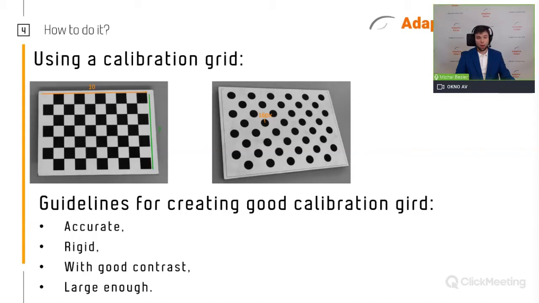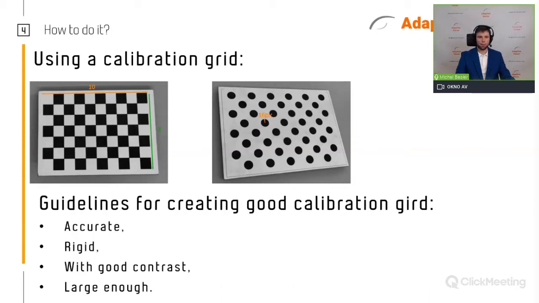So, what are the guidelines for creating a good calibration grid? First of all, it should be accurate. We cannot expect good accuracy from the software once we provide an inaccurate calibration grid. Printing a grid on an ink printer is not a very good choice.